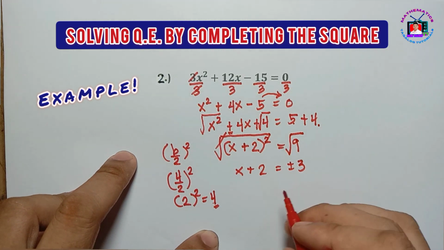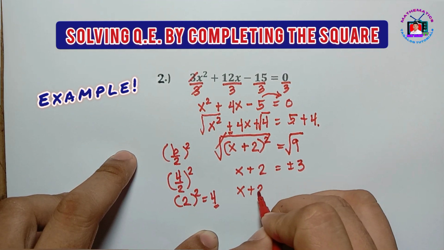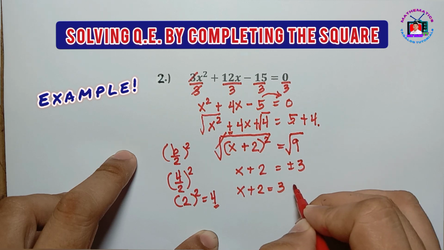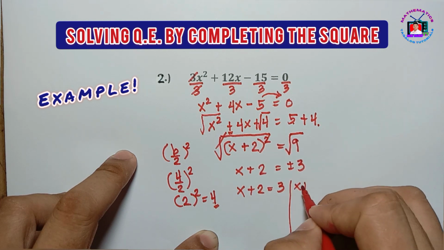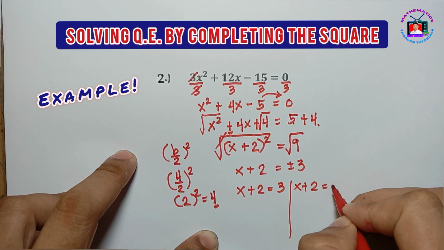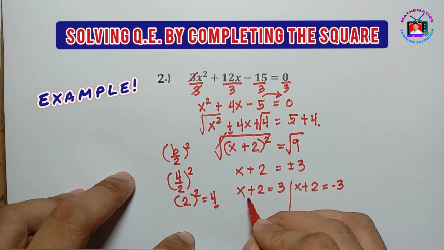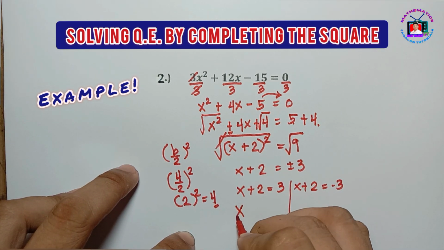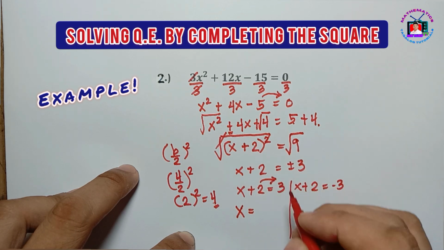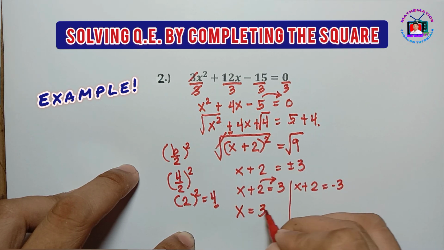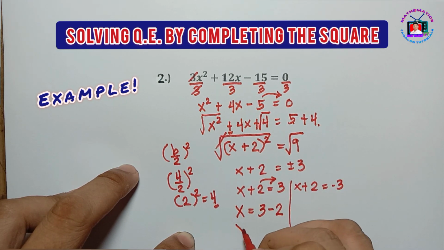Then the same process as number 1, we separate the positive 3 and negative 3 with the factors of x plus 2. Okay, so x plus 2 equals 3 and x plus 2 equals negative 3. Then solving for the value of x, positive 2 is transposed to the right, so bring down 3 minus 2.